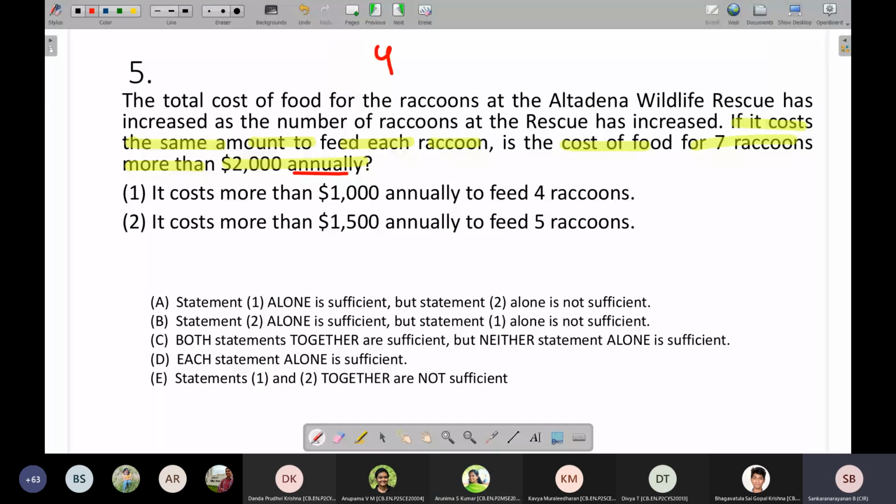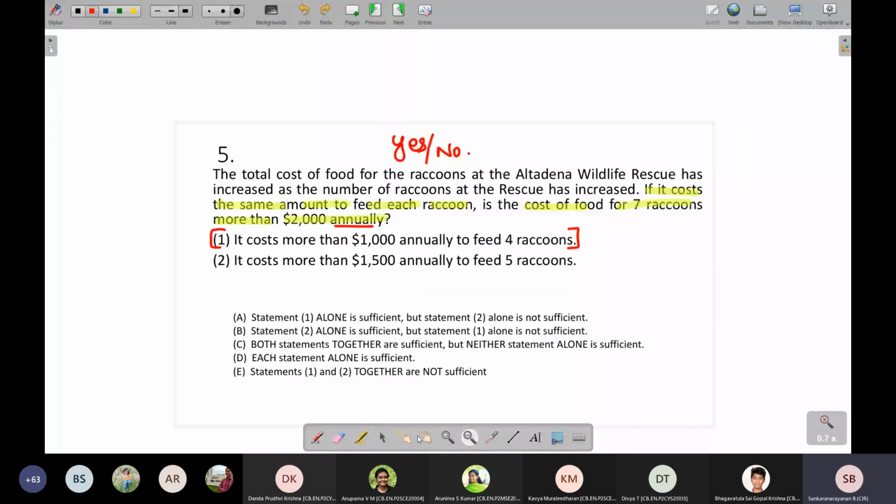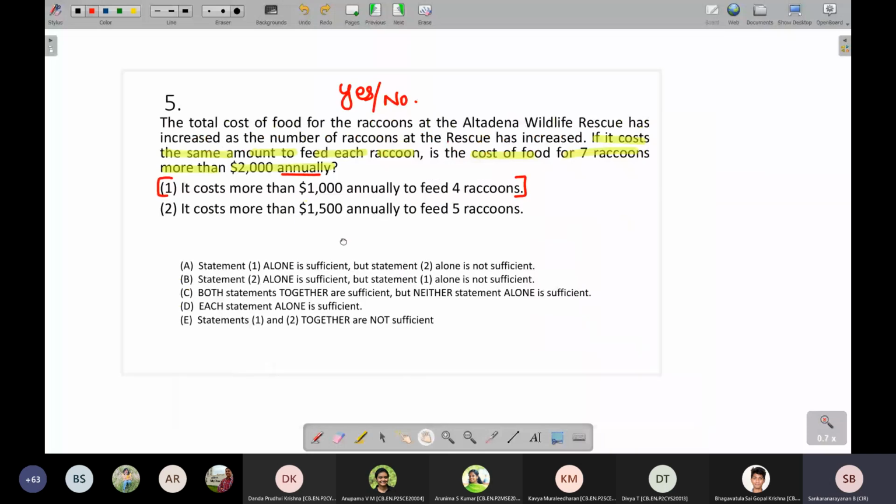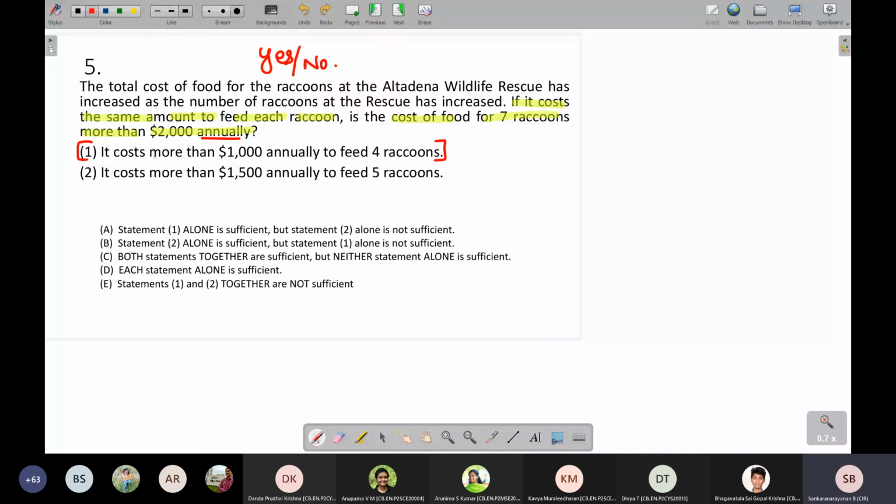Okay. Now, let us consider the first statement here. Right now, with this information, you don't know where the cost is heading towards. We don't have that data now. So for that, I'm considering that extra information. Everybody observe the first statement that is presented here. The first statement is it costs more than $1,000 annually to feed 4 raccoons.